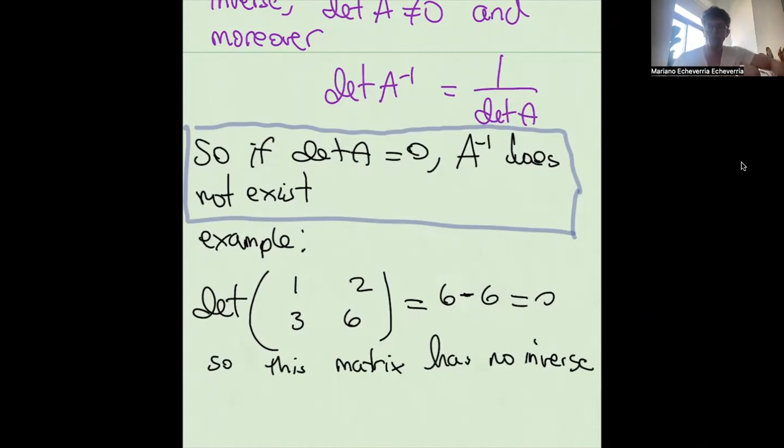But that's another reason. I think some of you have seen this formula before, because definitely some used it during the exam, but there's a formula for the inverse of a 2x2 matrix.